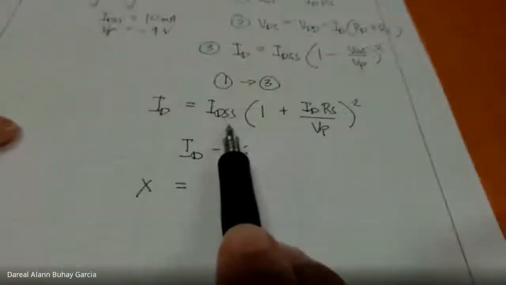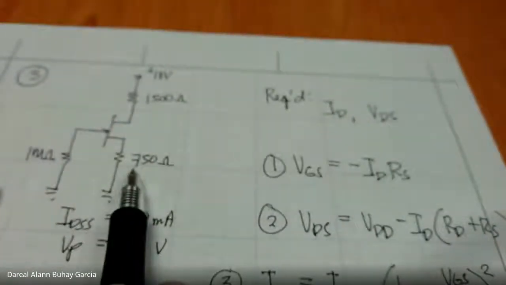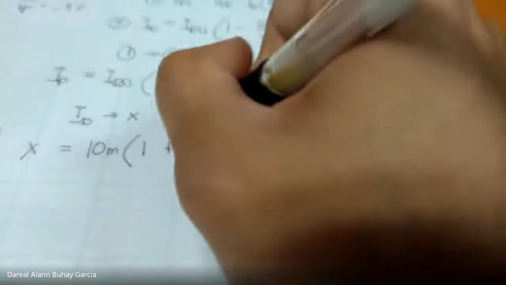X is equal to IDSS, given as 10 milliamperes, times (1 plus RS, which is 750 ohms, times ID, which is X, over VP, negative 4) squared. Okay, solve for X.